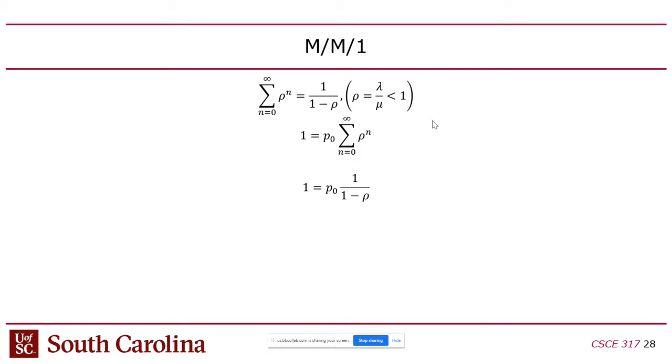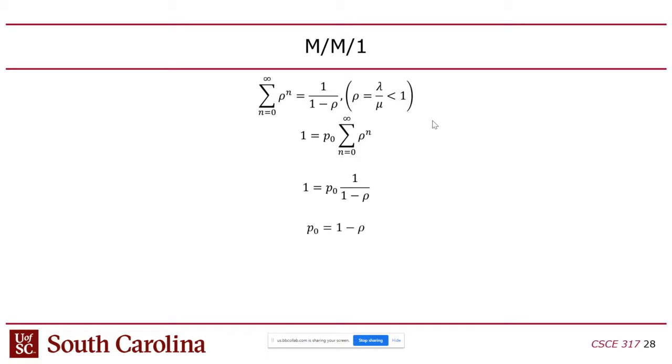Now we have 1 equals p sub 0 times 1 over 1 minus rho. And oh my gosh, check this out. We now have what appears to be a solution for p sub 0.